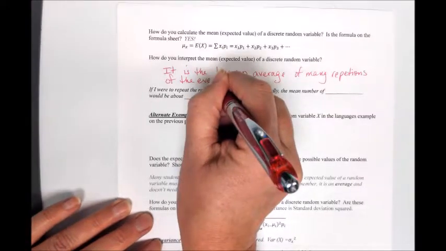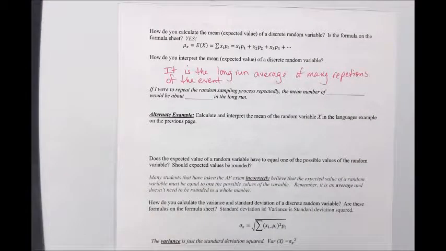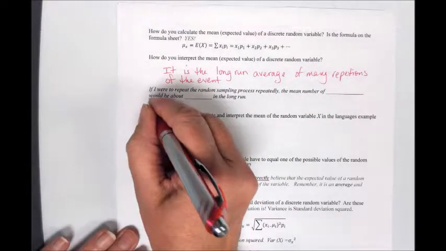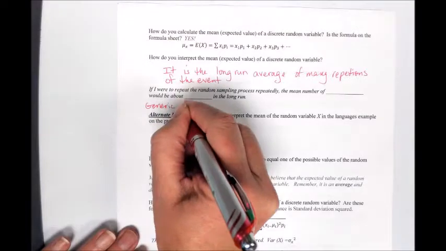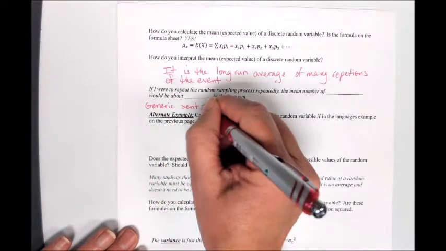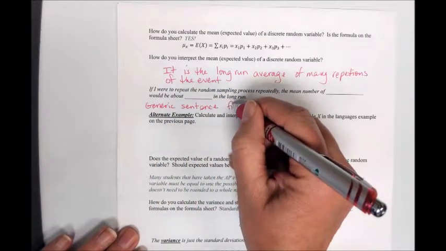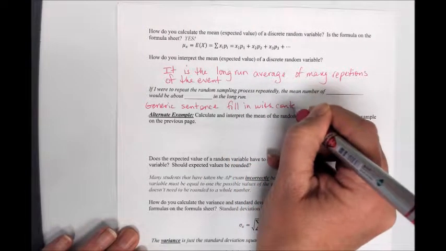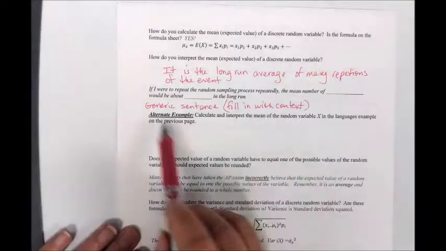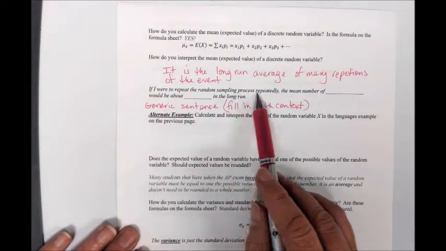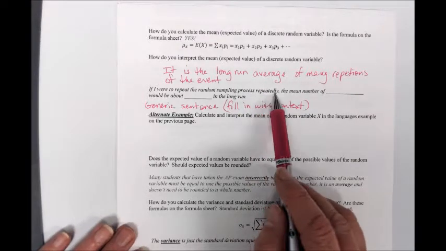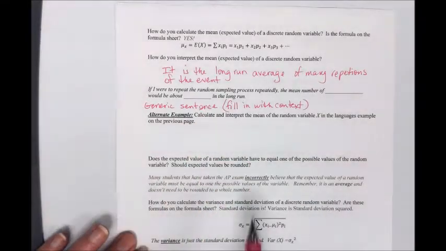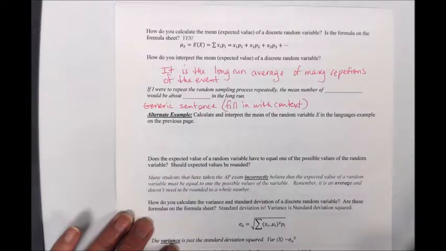Whatever the event is. So it's the long run average. And here's a generic sentence for us to use. And we will just fill it in with context. So you'll fill it in with the context of whatever the problem is about. So if I were to repeat the random sampling process repeatedly, the mean number of blank would be about blank in the long run. So we'll fill in the blanks in context with a problem.